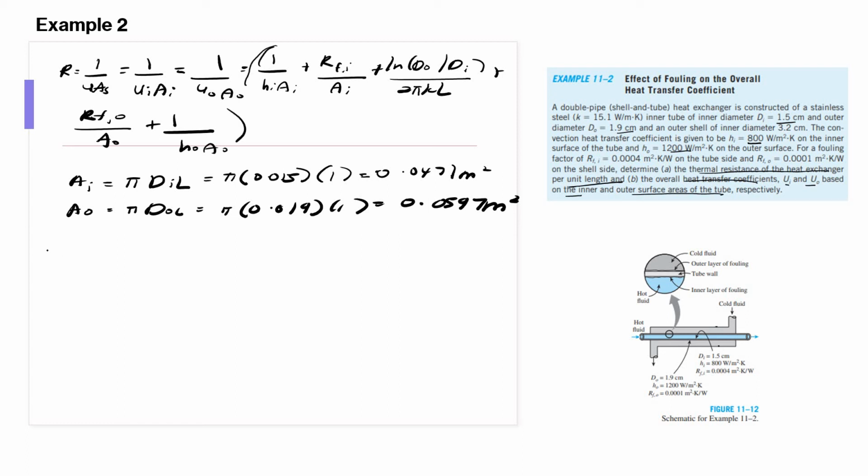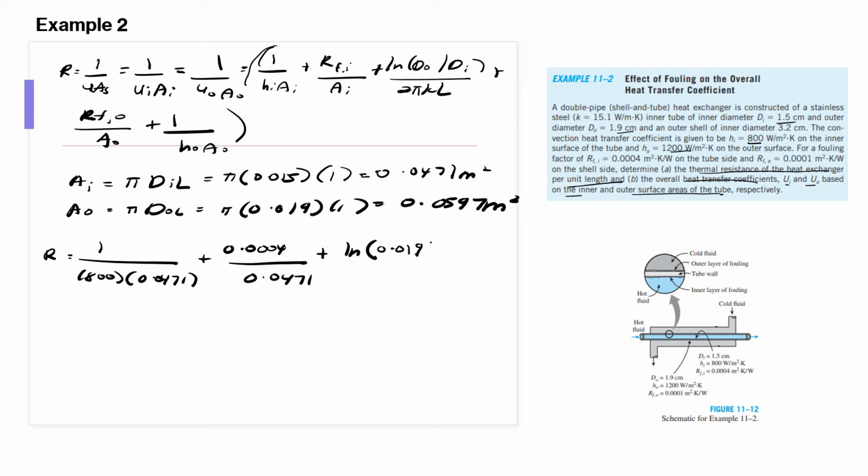Okay, so substitute all the values given and also calculated into this formula. R is equal to, first the convection, 1 over 800 times Ai, which is 0.0471, plus the inner fouling factor 0.0004 over Ai 0.0471, plus ln of D naught 0.019 over 0.015, over 2 pi, K is 15.1, L is 1.